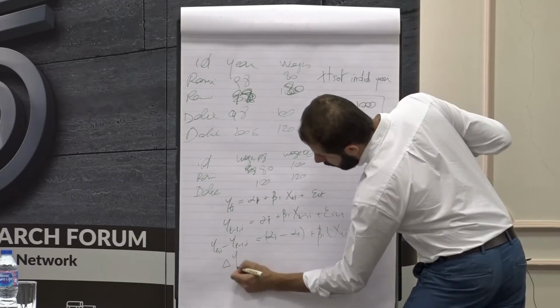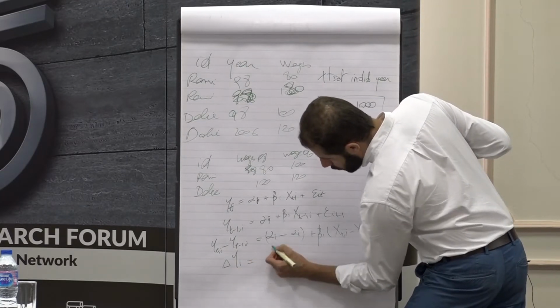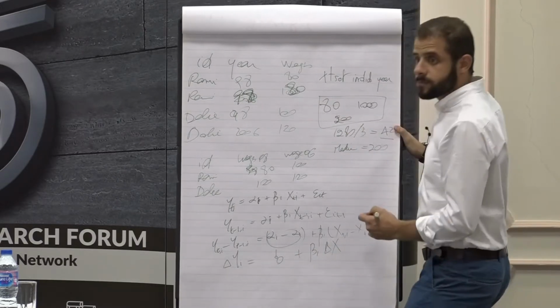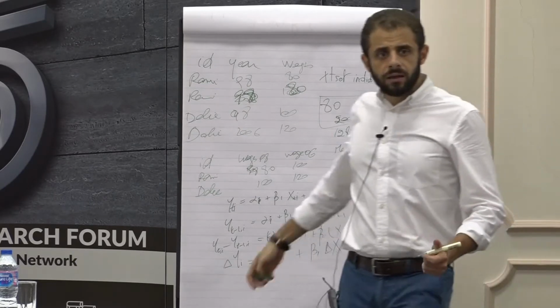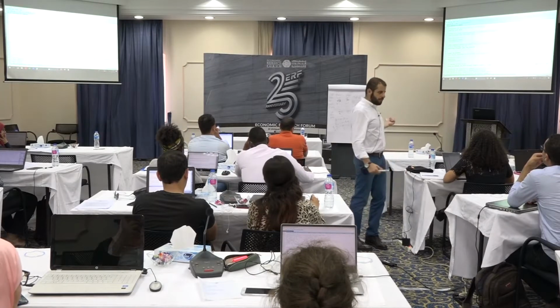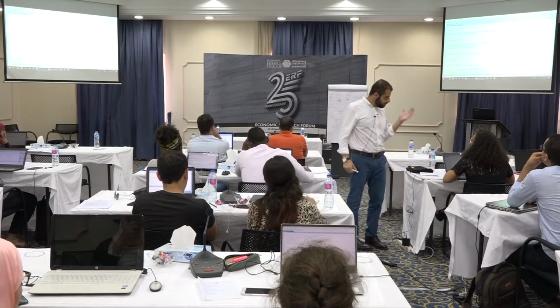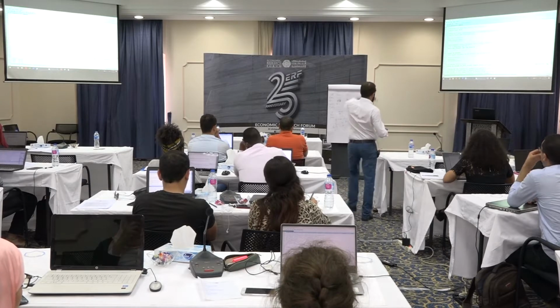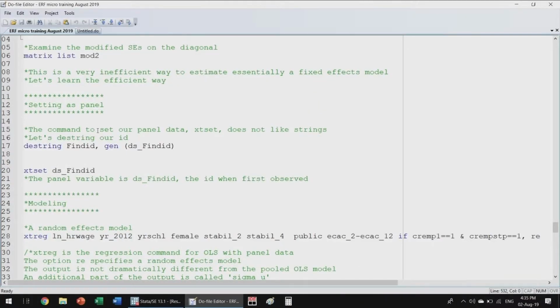So it will be delta y_i, which is equal to 0 plus beta 1 delta x. So that's basically as if it's a fixed effect. Why? Because all time invariant variables have been removed, right? And this is why, in this part of the do file, we try to run the fixed effect estimation through a first difference approach. Okay?